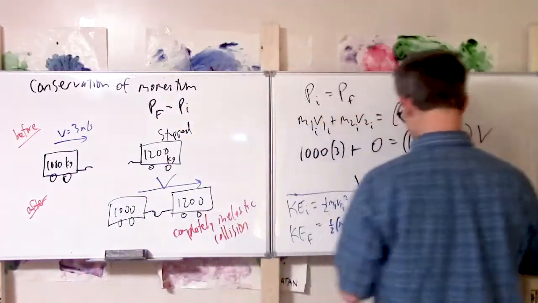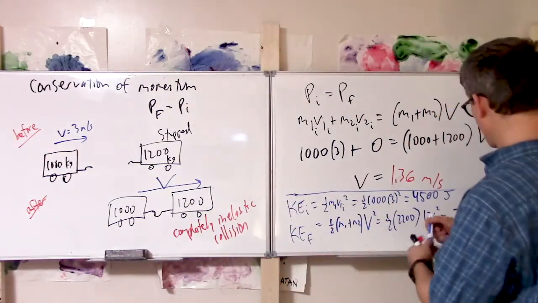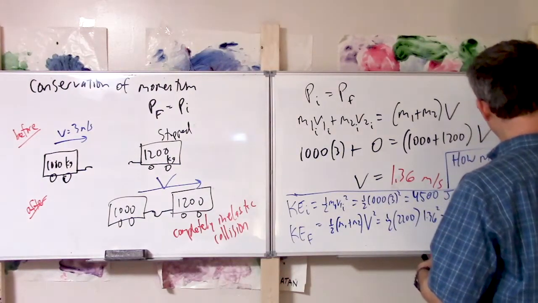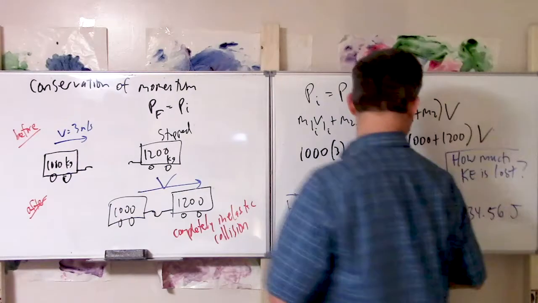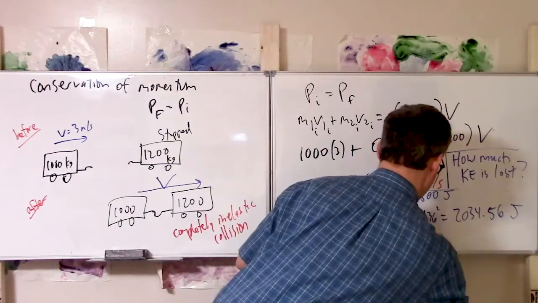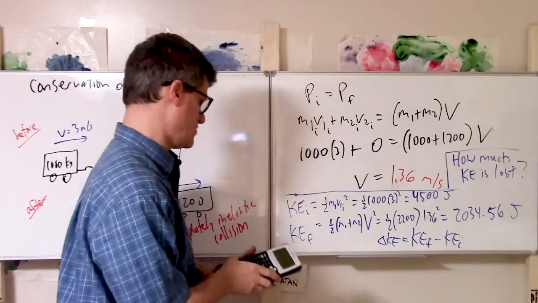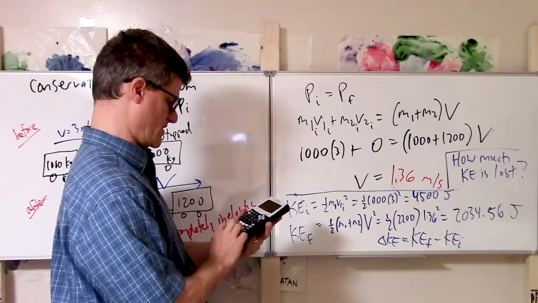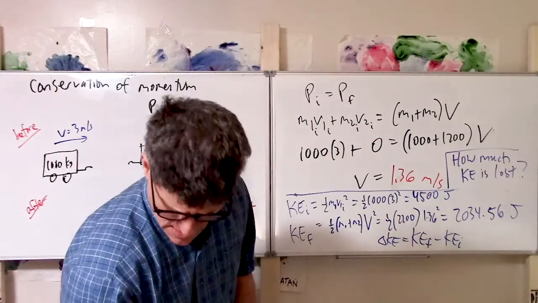So the question would be, I told you I'd give you the answer, then we'll make a question out of it. The question might be, how much kinetic energy is lost? All right, so let's figure it out. Delta KE equals KE final minus KE initial. So 2034.56 minus 4500 is, now we get the negative sign, but don't just immediately erase it, let's think of what it means.